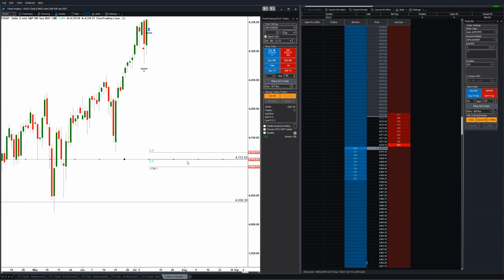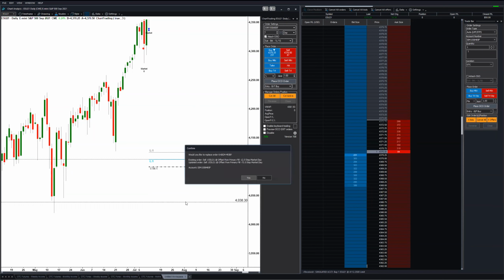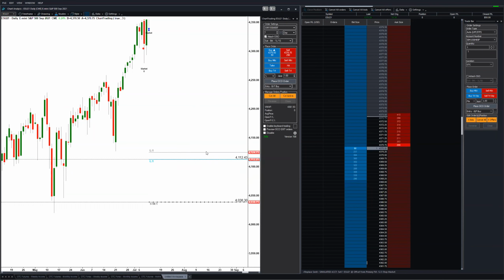Also here, I can only adjust the offset. But what is so nice about chart trading, I can now move my stop loss where I want to have it, and my target where I want to have it. Much more convenient, right? And now my order is placed.